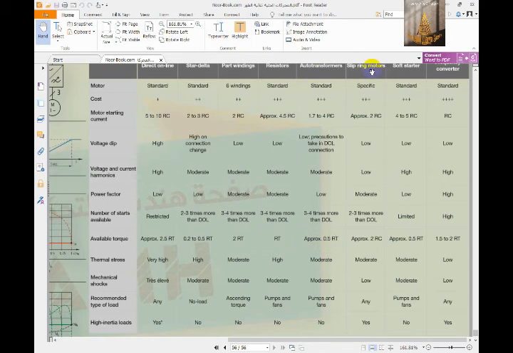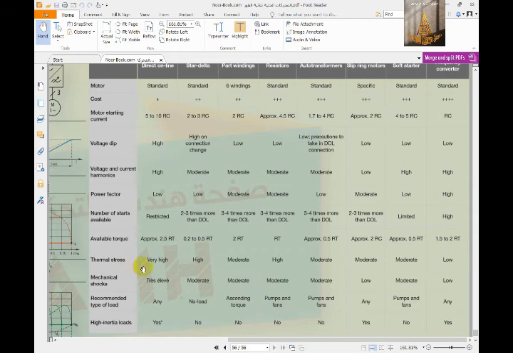For slip ring motors, approximately 2 RT. Soft starters, approximately 0.5 RT. For the frequency converter, it's 1.5 to 2 RT. So according to the application, it's also good.